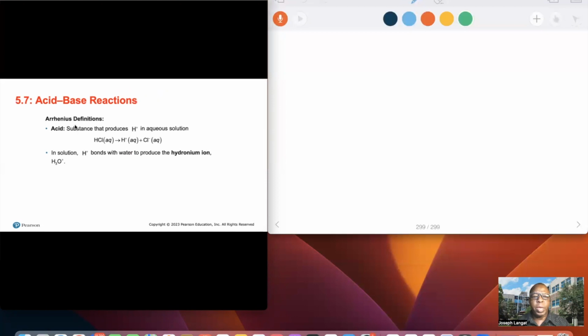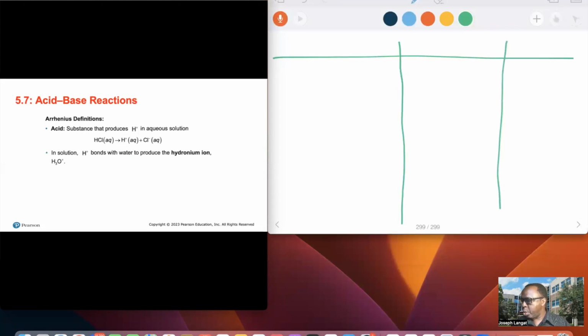Before we look at the net ionic equation and complete ionic equation, we need to understand what an acid is and what a base is. There are three definitions of an acid. There are three definitions of a base. I'll draw a parallel between those three so that you understand what an acid is according to the three definitions.